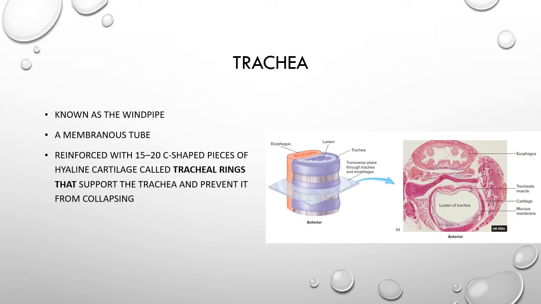The first structure under your lower respiratory tract is your trachea. Your trachea is also known as your windpipe. Tinawag siya na windpipe because this airway will accommodate air only. Kaya siya windpipe.